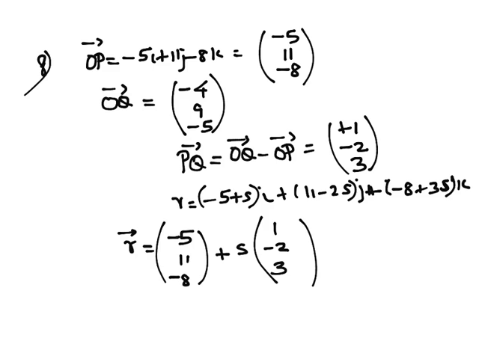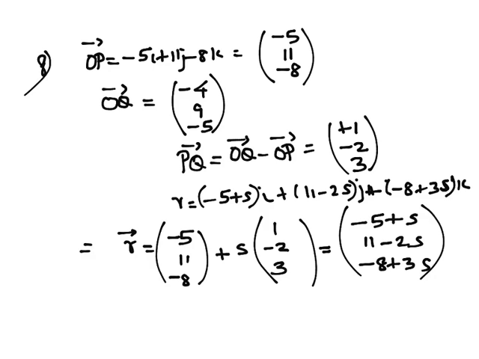Right? So this can be written as, students, minus 5 plus s, 11 minus 2s, minus 8 plus 3s, right? And r is nothing but x, y and z, right? Or I can just simply keep it as it is.